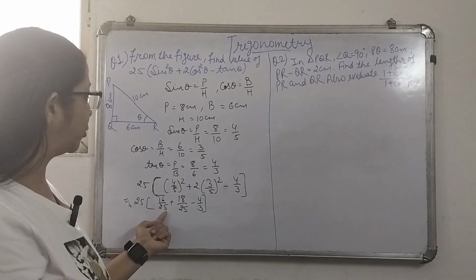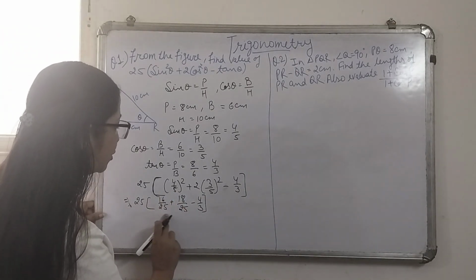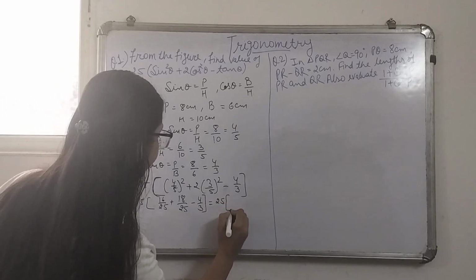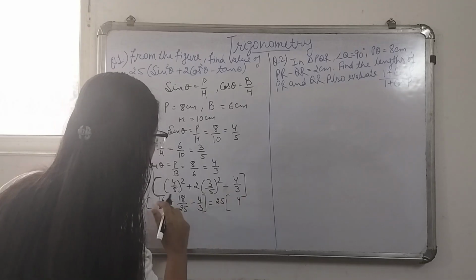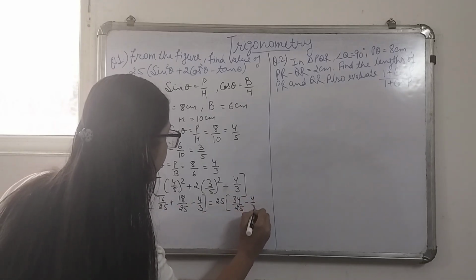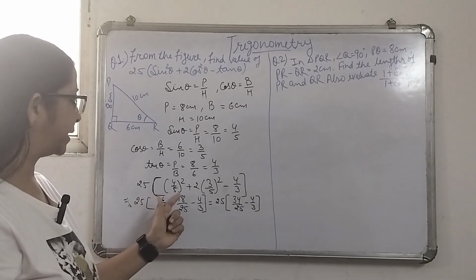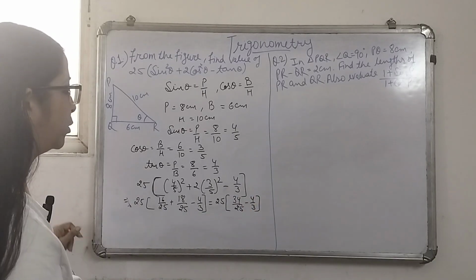So that will be 25 into 3, that will be 75 as the LCM. Or we can solve these two parts first. That could even be written as 25. 18 plus 16 will be 34 upon 25 minus 4 upon 3. Because both of their denominators are 25, we will be adding it directly. So it will be 34 upon 25 minus 4 upon 3.